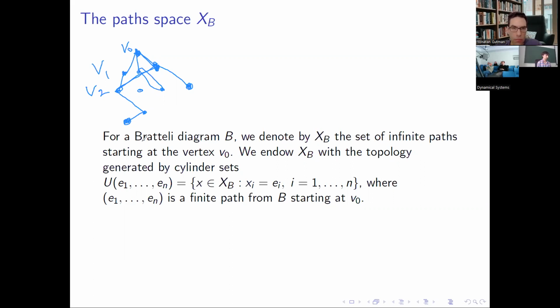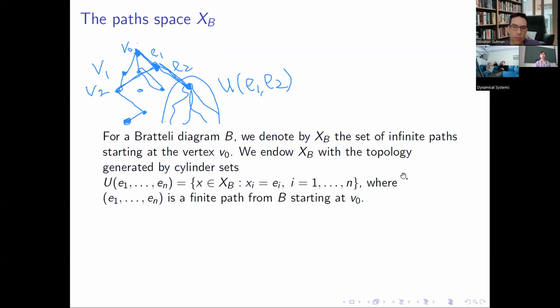The base of the topology consists of cylinders, that is, the set of paths starting with a given finite path. So we follow these edges to here, and after that we can go everywhere, and this will be the set U(e1, e2). So, the usual definitions.